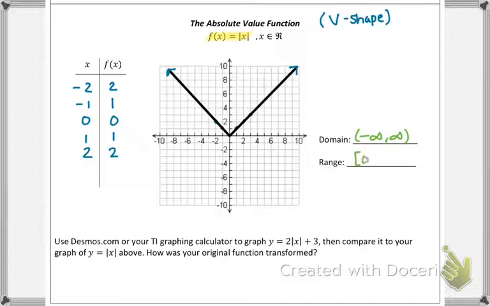including 0. Notice I'm using a closed bracket, that means including 0, any number from 0 all the way up to infinity. And the arrows keep going up, so I know it's going to continue on forever. Any number between 0 and infinity, including 0, but not including infinity.